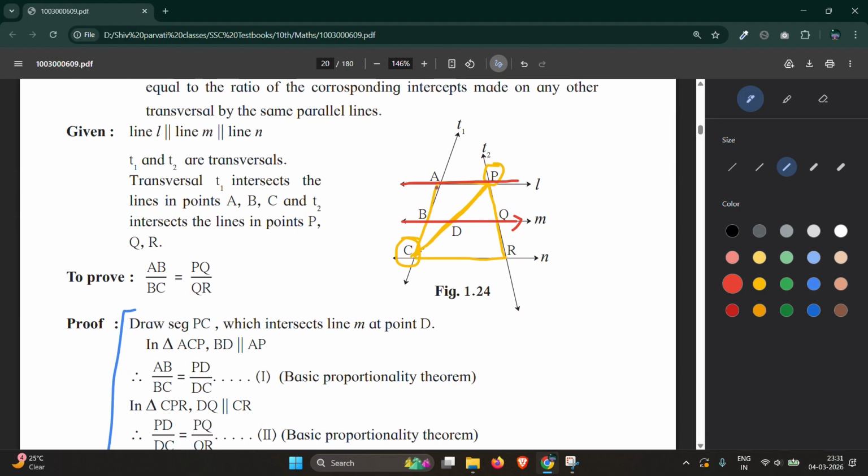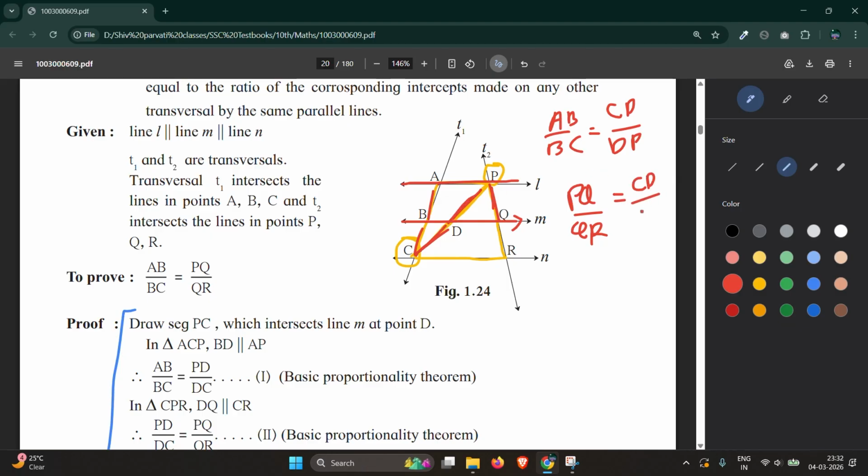And what we do is we find that the ratio of this upon this, so that is just AB upon BC, will be equal to CD upon DP, right? CD upon DP. And this ratio over here, PQ upon QR, will be equal to the ratio again over here, CD upon DP.